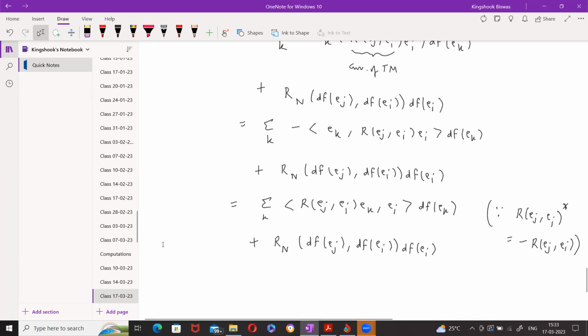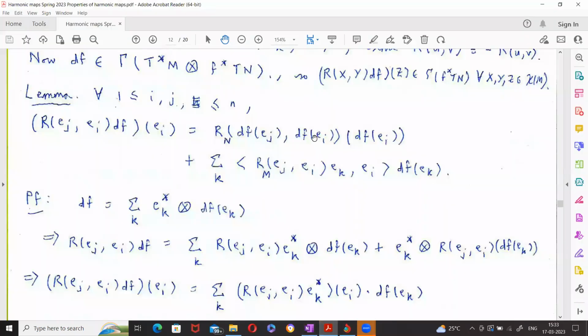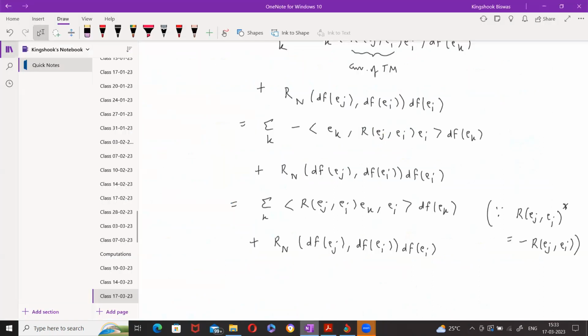This is what we have here in the notes. Yeah, that's exactly the formula that we have. So this is the curvature of M. Okay, so we get this formula. Let me just write it here in the beginning.